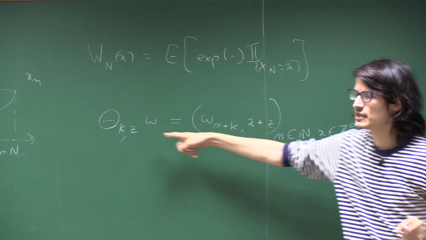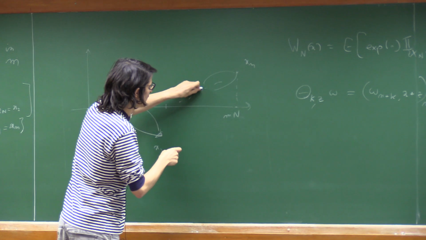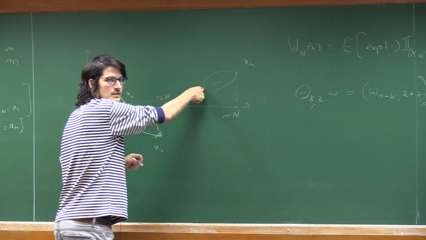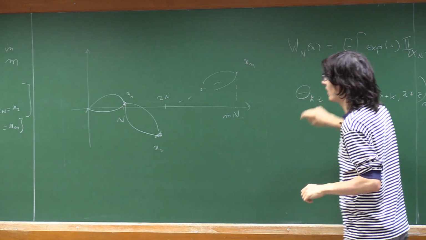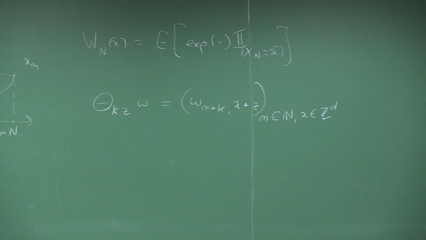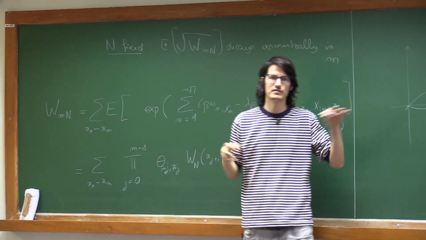Okay, this is the shifted version. This is really like omega, but seen from this point. And now theta applied to the partition function is just the partition function which corresponds to the shifted omega.